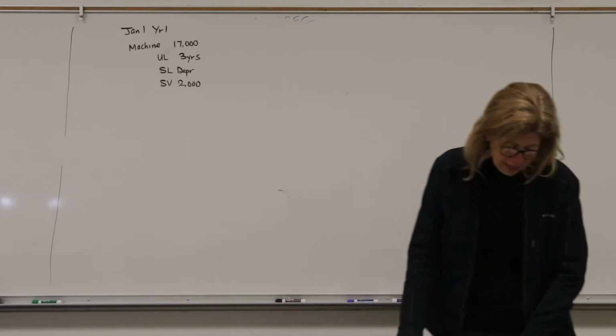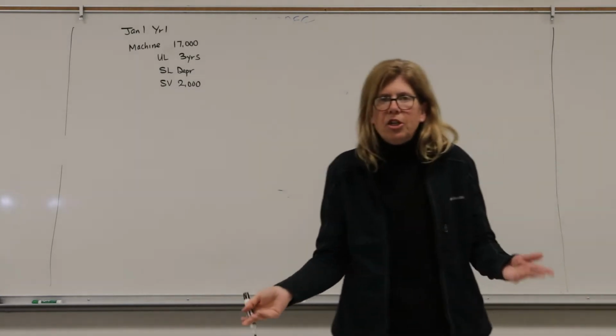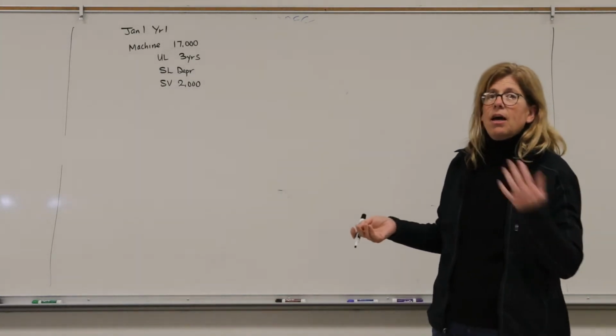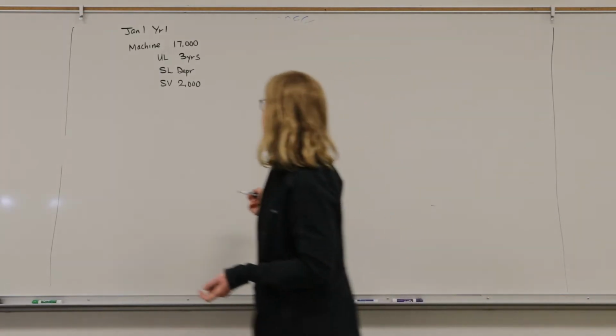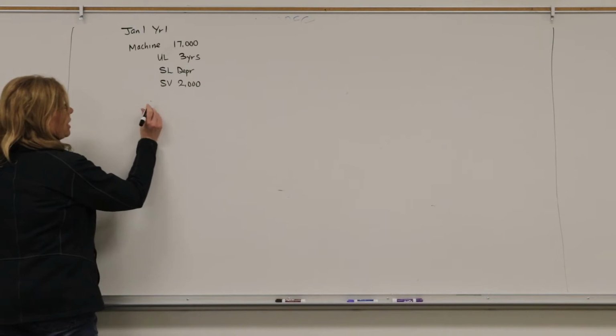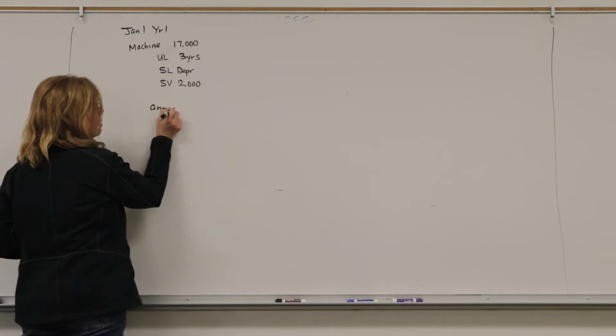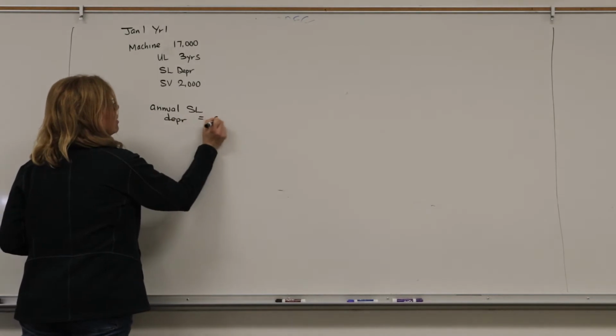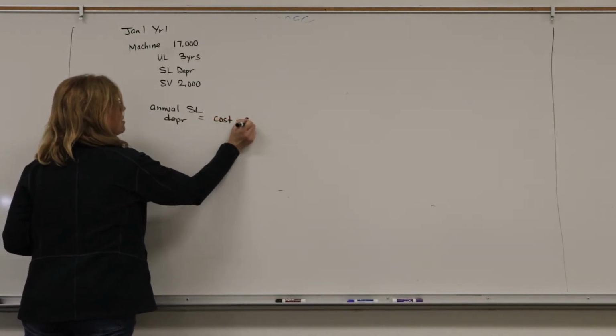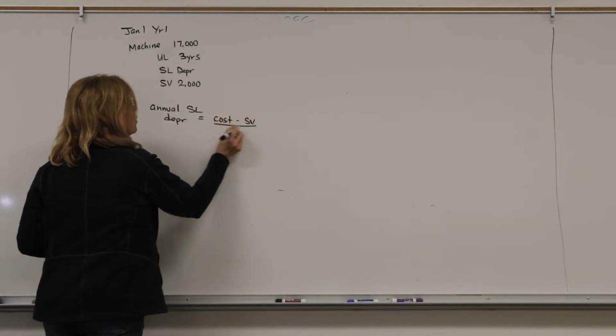So A says, using straight line depreciation, depreciate this asset, calculate the accumulated depreciation and book value over the life of the asset. So we know that annual straight line depreciation is cost minus salvage value over useful life.